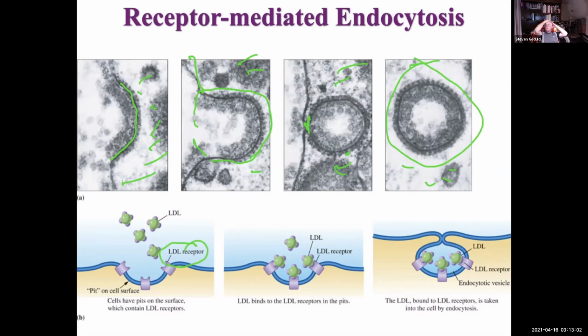That causes the endocytosis. If those receptors aren't there, then you don't get endocytosis and you don't get absorption of cholesterol into the cell. And that's what causes the disease hypercholesterolemia. So LDL, low density lipoprotein, binds to the LDL receptors, causes endocytosis, and it pinches off and moves inside the cell.